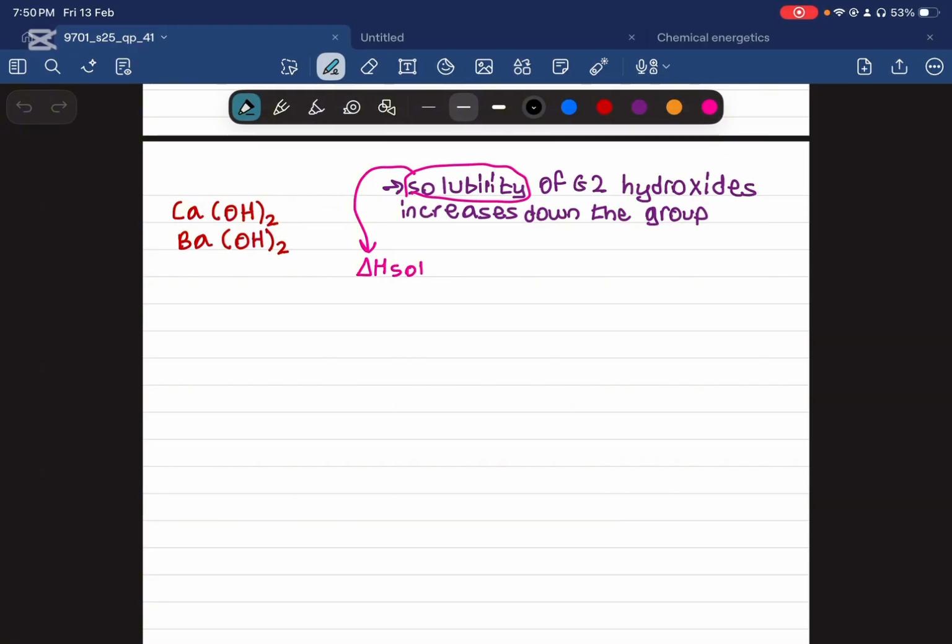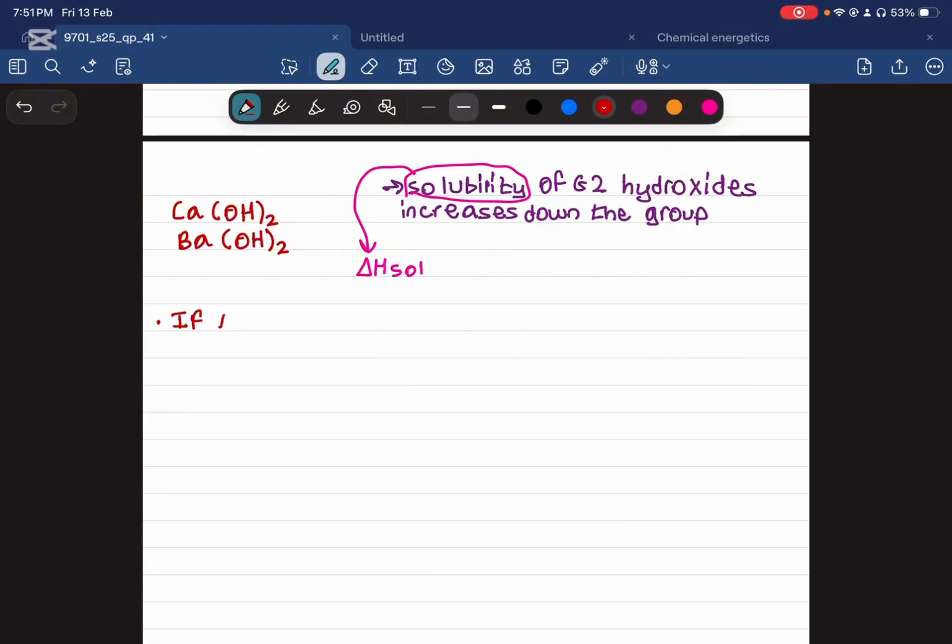Now let's talk about the second thing which we need to know. If our enthalpy change of solution is negative or small positive, so let's say minus 10 kilojoules per mole, or minus 20 kilojoules per mole, or 0.1 kilojoules per mole. So what are the options that we have?